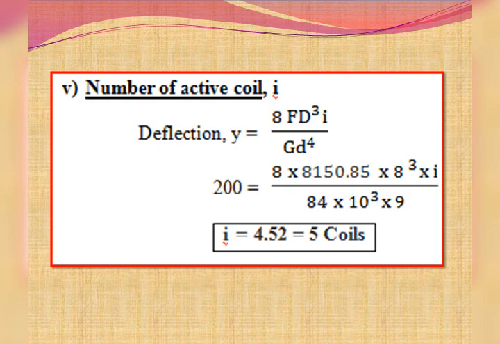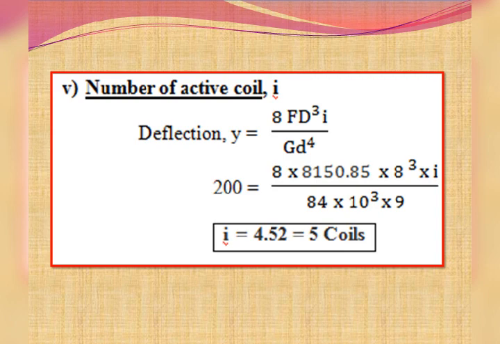Now the number of active coils I, that we have to find, by using the deflection equation, y is equal to 8 F D cube I divided by G d raised to 4. So now we'll substitute the values. Deflection is 200 mm. 8 into F is 8 into 150.85, into capital D by small d whole cube, that is the spring index C, which I have substituted, 8 cube, into I, divided by G, which is 84 into 10 raised to 3, into d raised to 4.